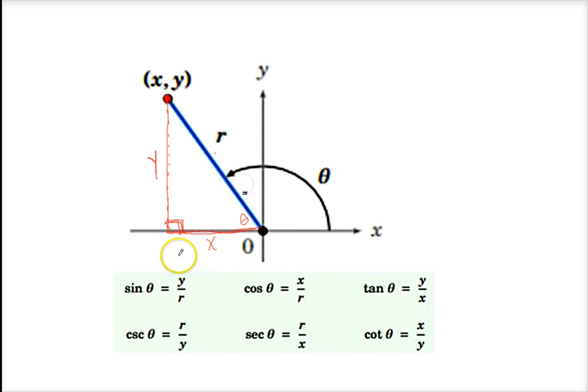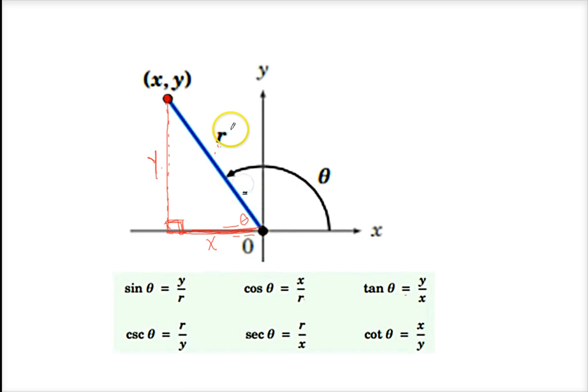Well, the opposite side is y, the hypotenuse is r. Cosine is adjacent, here's our adjacent side, over the hypotenuse, so x over r, and tangent is opposite over adjacent, so y over x, right?